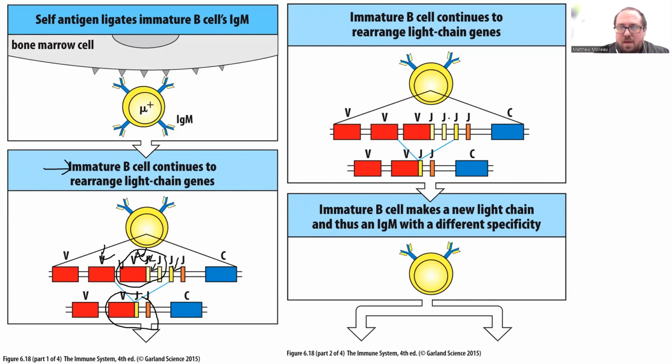And again, if that occurs, you make a different B cell, and because of the light chain, it's going to have a different specificity. But that different specificity may be close to what the old receptor had, or it might not be.